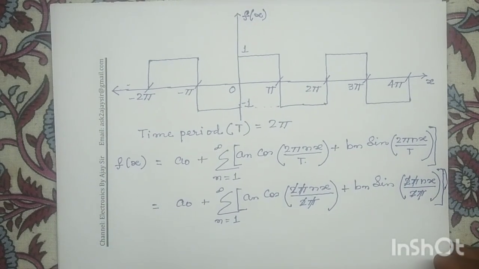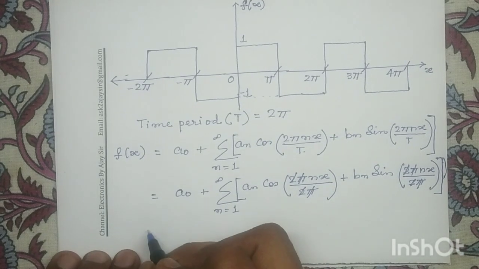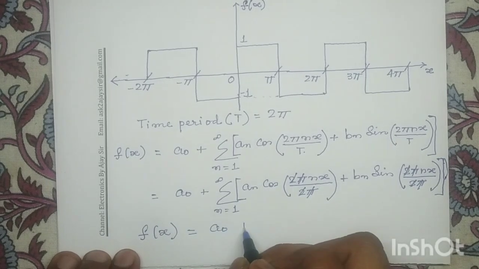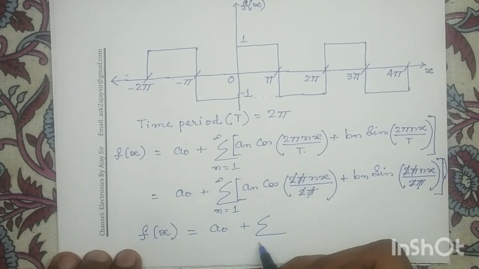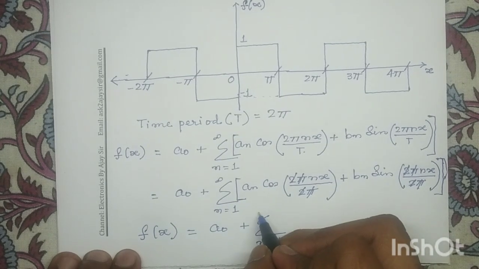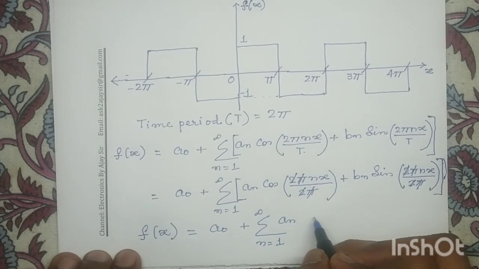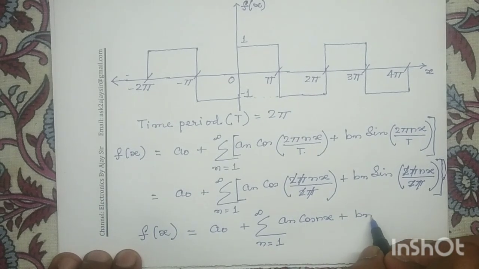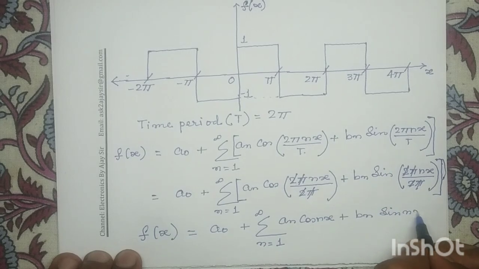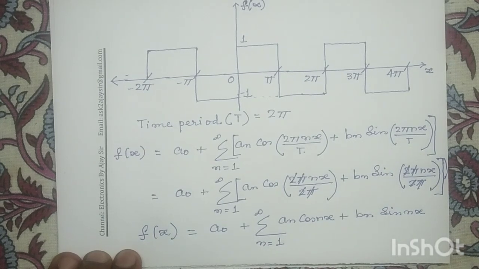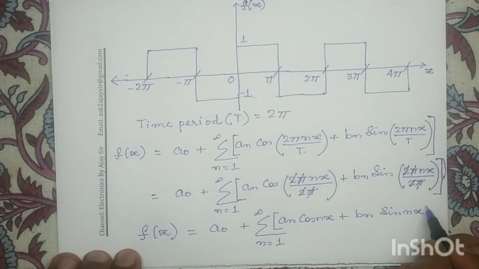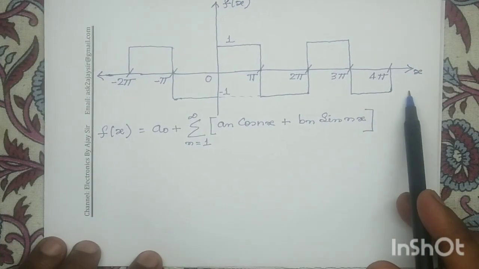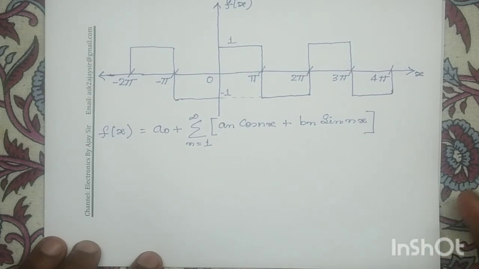On further simplification, f of x reduces to a naught plus summation n equals 1 to infinity of an cos nx plus bn sine nx. So for this given waveform, we have obtained our Fourier series expression.